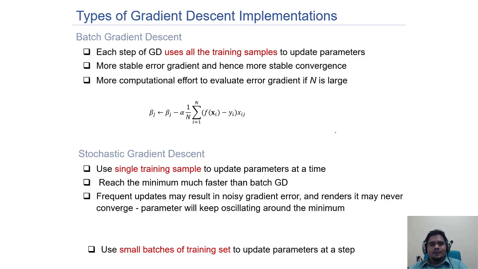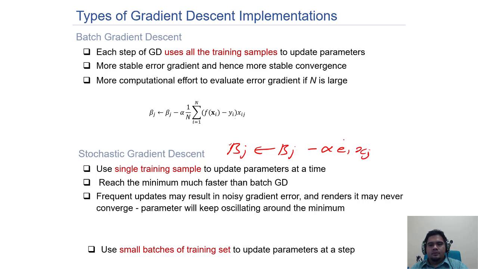Then you put it here, so now the equation becomes something like this: beta j minus alpha, and then you just take the E1 here, E1 times your xij, your xj only, it's not i.